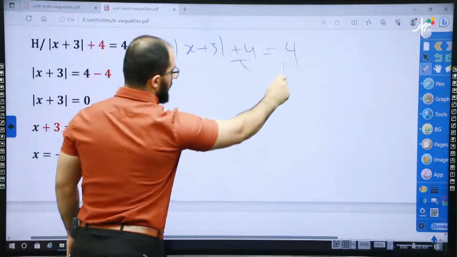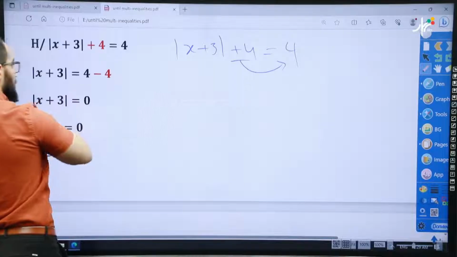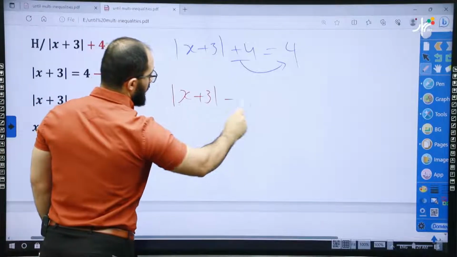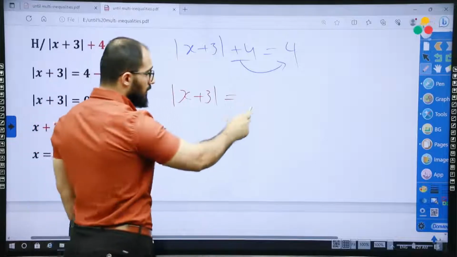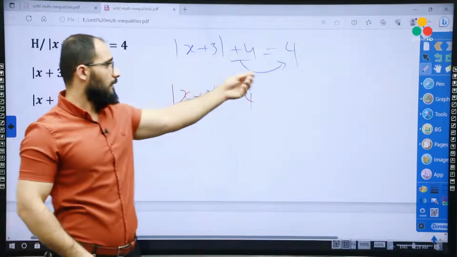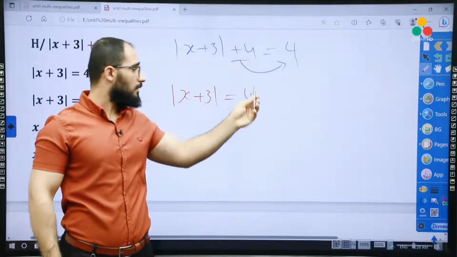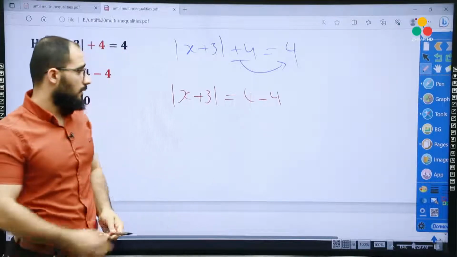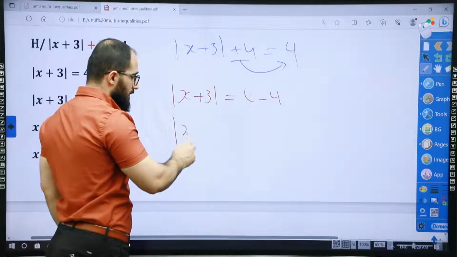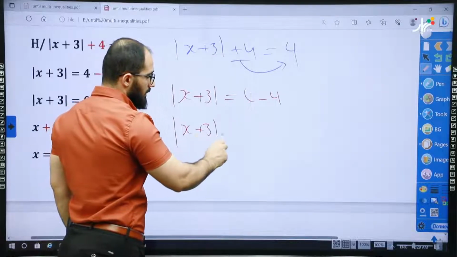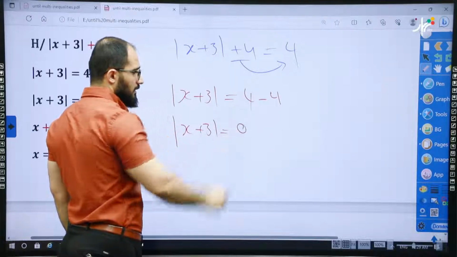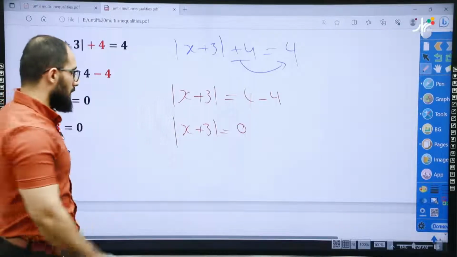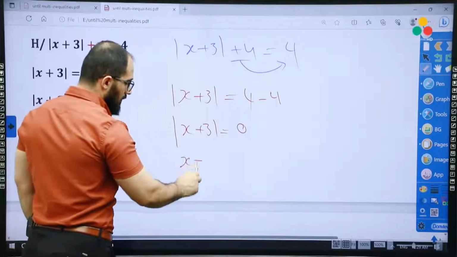Move the positive 4 to the other side, then the absolute value of x plus 3 is going to be 4 minus 4. So x plus 3 is equal to 0. Again, we have an absolute value equal to 0, so it has only one solution.